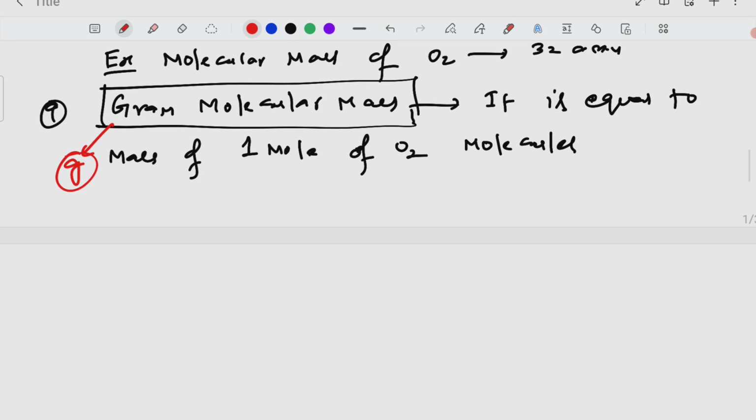Now, let us take one example to clearly understand the given terms. Observe it. Let us take one question here.